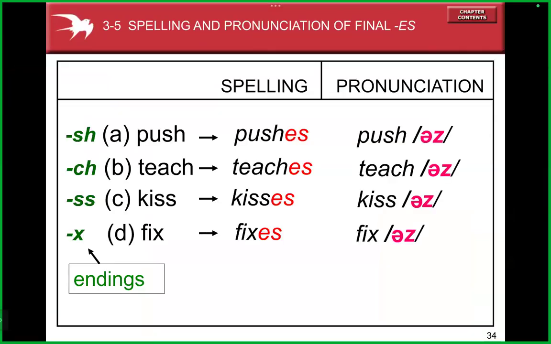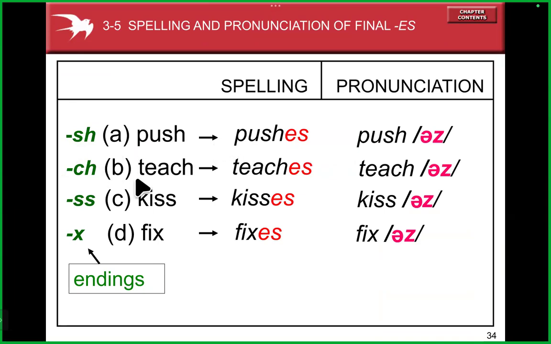For example, listen, those words that end in the letters sh, like push. In the third person, we add the suffix es. So we say push, pushes.